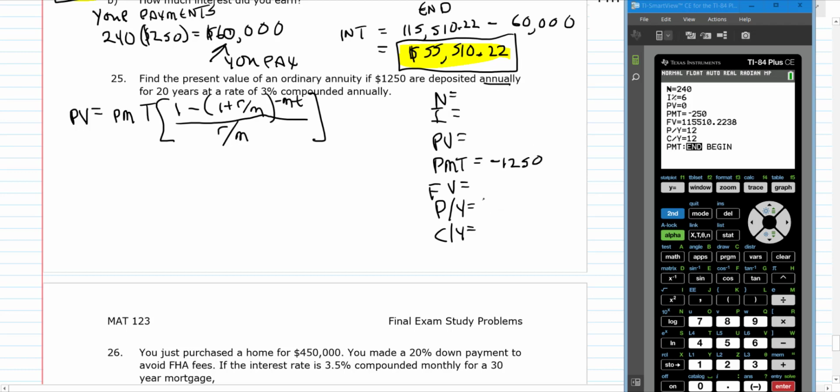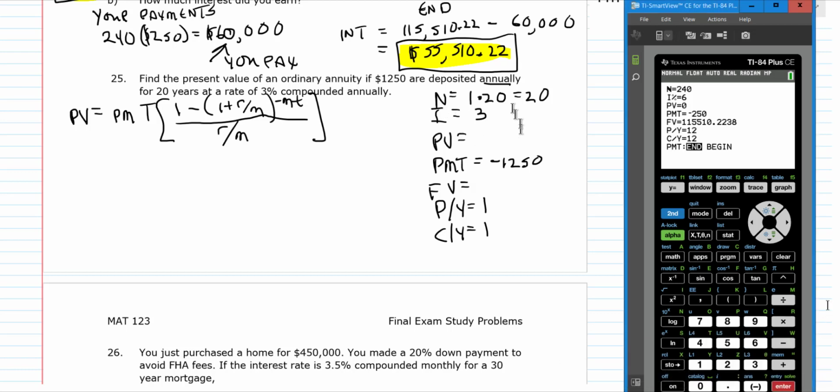Annually means you're doing one payment per year and you're compounding one time per year. Okay, so the present value of an ordinary annuity, you're putting that money in, and the interest on this is 3%, so that goes there. The payments, you're doing one payment a year times 20, so you're doing 20 payments there. Okay, so what's going to happen is we're going to find the present value of the ordinary annuity for 20 years at a rate of 3% compounded annually.